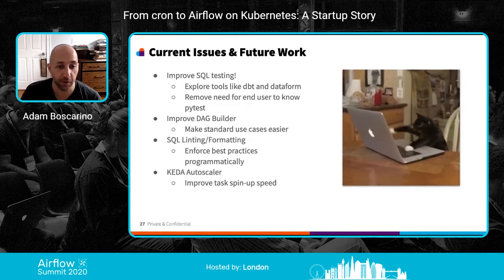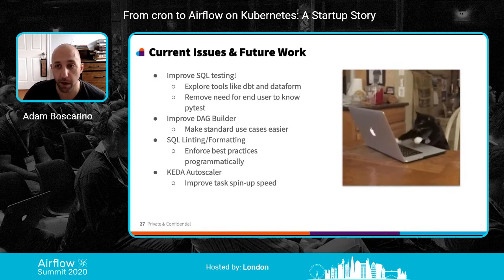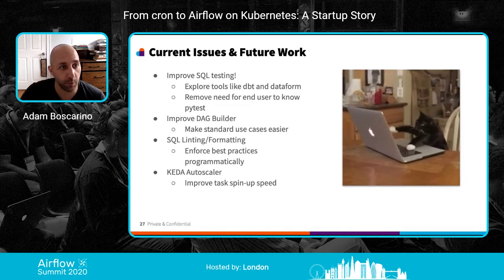And there can be some performance constraints on that because it takes a few minutes or seconds, depending on the image, to spin up that pod. And I believe that this new autoscaler resolves that. So we think that'll really reduce some of the downtime, the spin up time that we're experiencing. So that's probably something that we'll be working on in the next quarter or so.